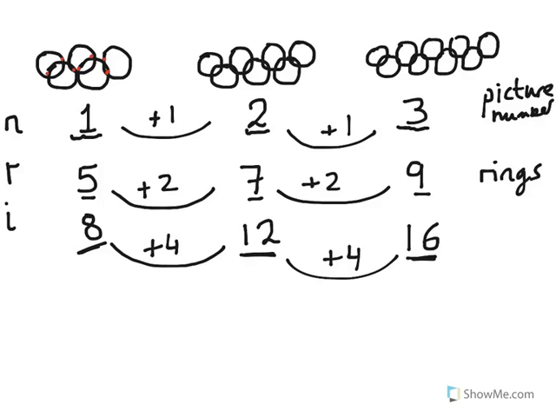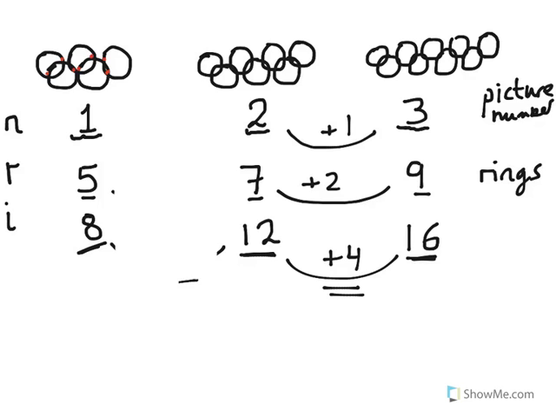This is quite useful if we're just asking you to determine how many rings or how many intersections in picture 4 or picture 5, to know and identify this pattern. But what we really want to be able to do in maths is not think so very much about this pattern here, but wonder, how can I get from the picture number to the number of rings going this way?